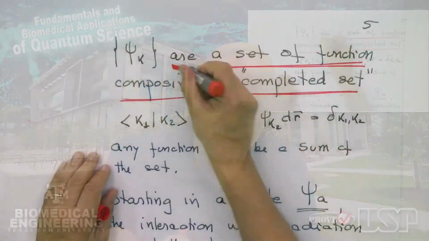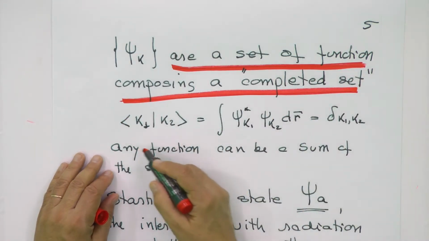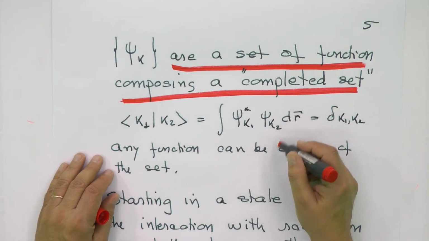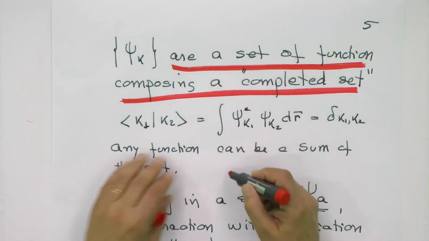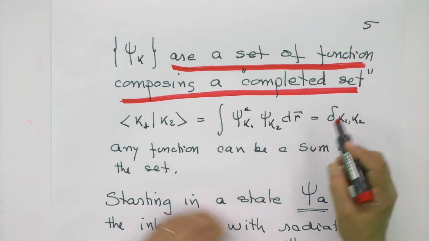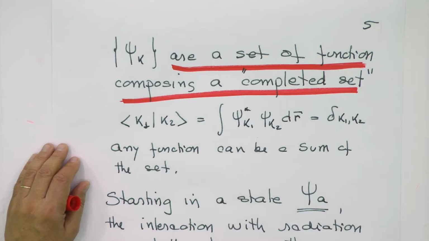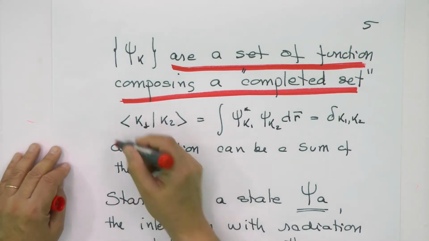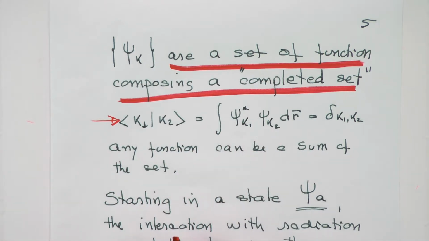That happens also with the functions that are solutions of the atomic system. They are a complete set, and as a complete set, they are not only orthogonal, but they are orthonormal, which means their norm, if I just integrate this, is either 1 or 0. So normally when we have 2 states, that's a way to represent this integral, okay? We call it brackets. This is just a notation, the way we represent this product.